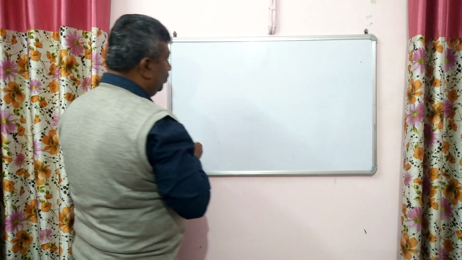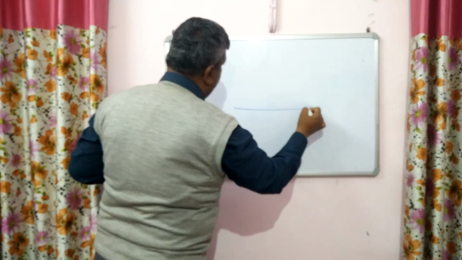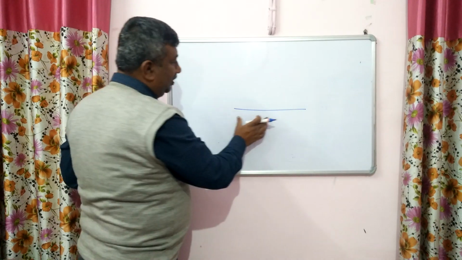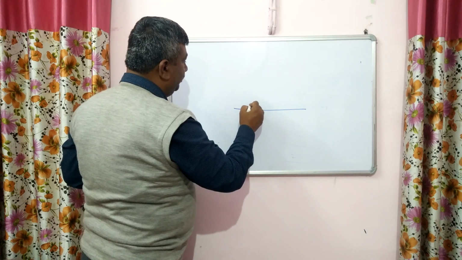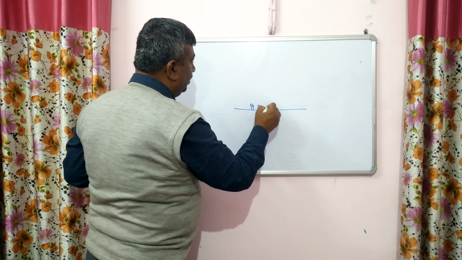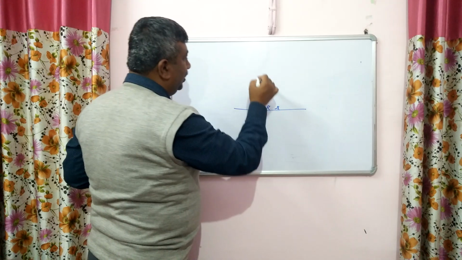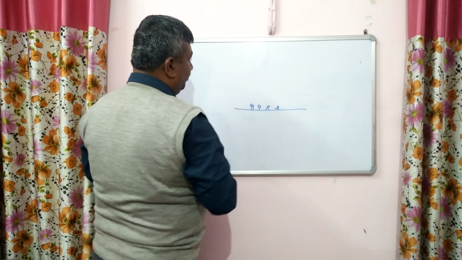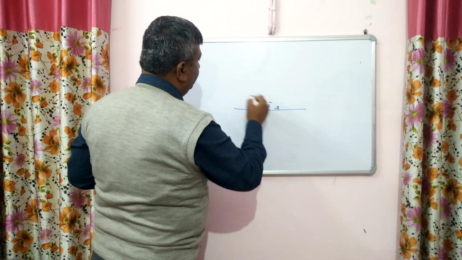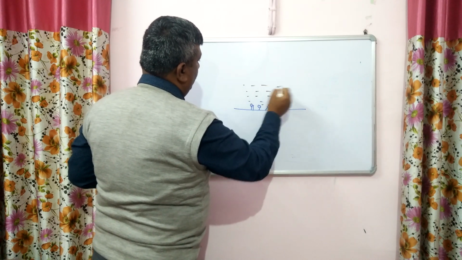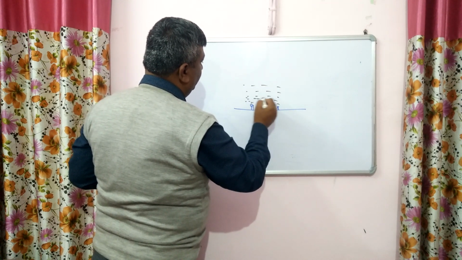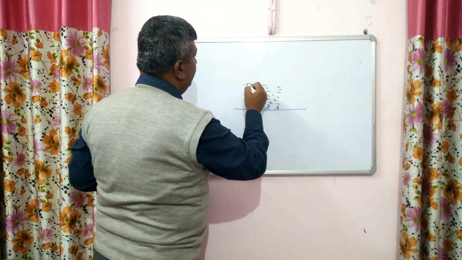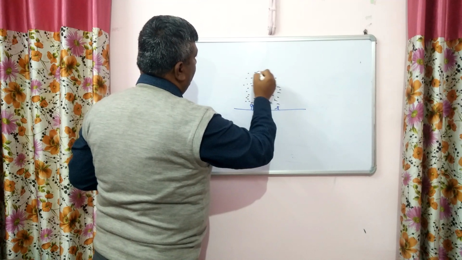Okay, so suppose this is the soil surface, or the surface where we are standing, tree, human, all the things are here, and this is the atmospheric pressure. Air is there, and the density at the lower surface is high. As the height increases, density decreases.